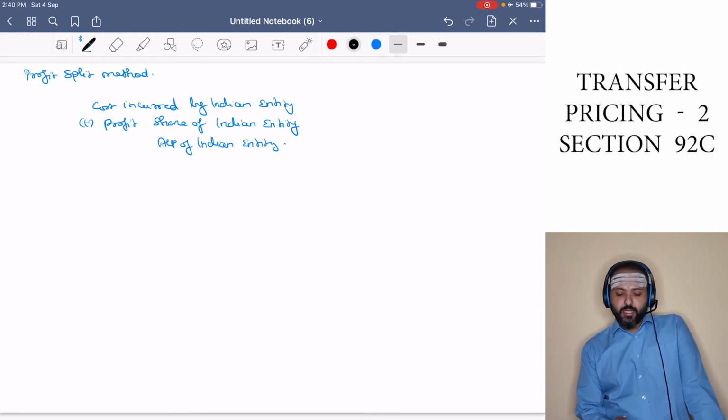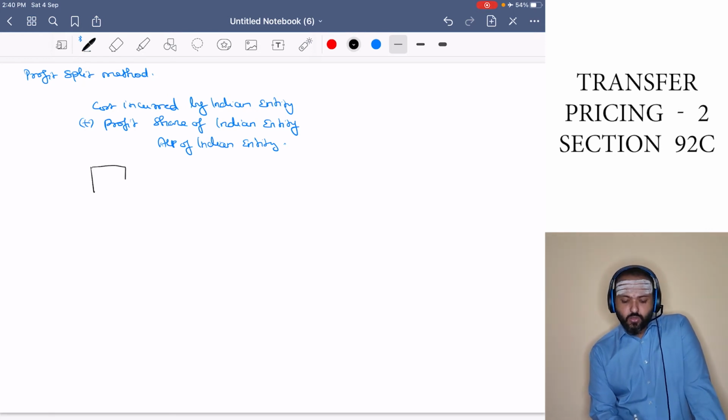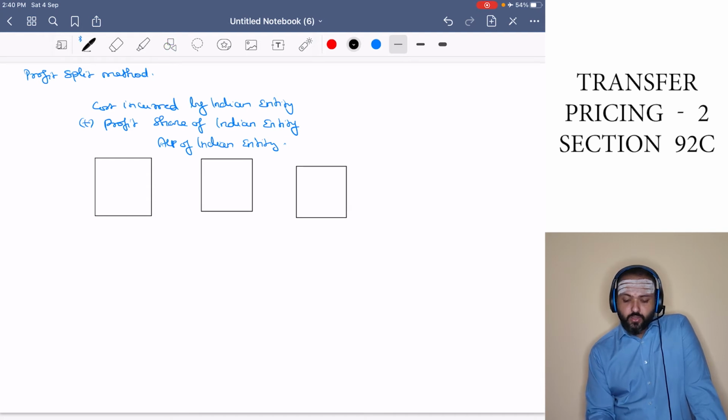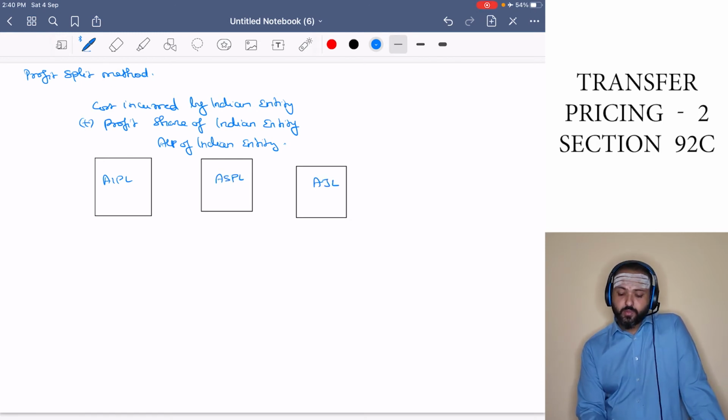So there are three entities now: entity number 1, entity number 2 and entity number 3. So we have AIPL, ASPL and AJI. So these three come together for a particular venture.